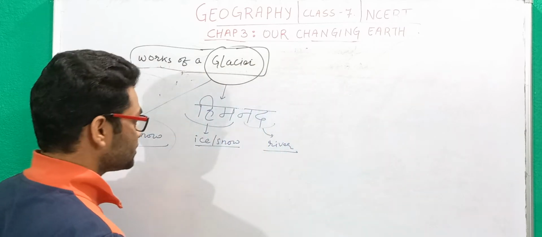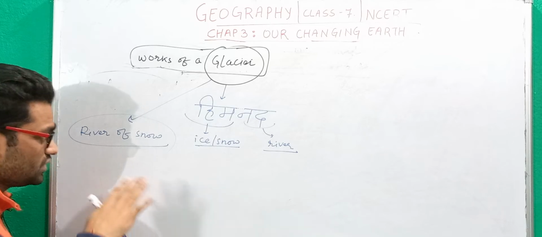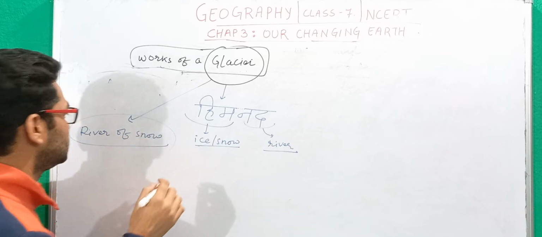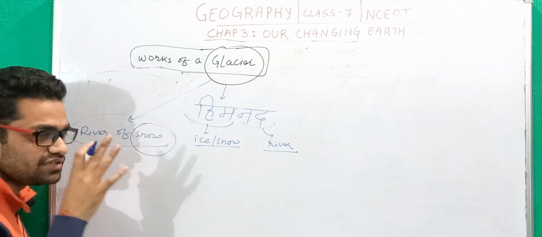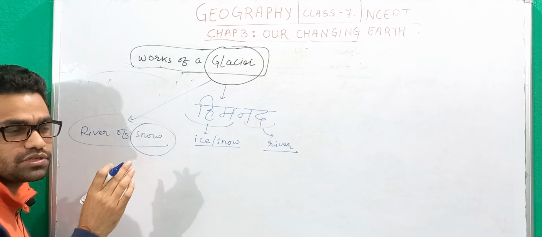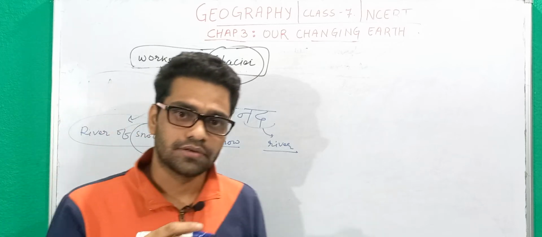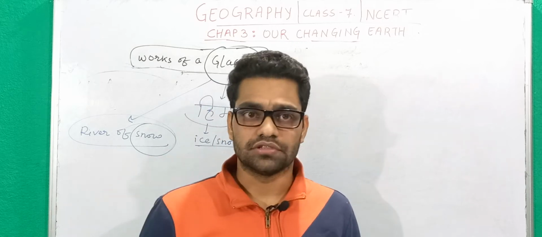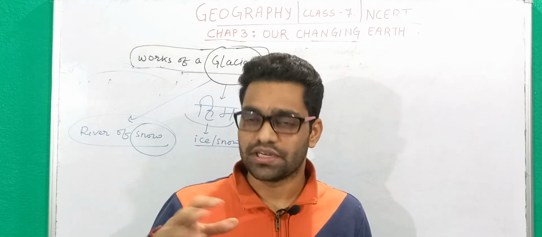These glaciers are basically rivers of snow. This flow of snow is not easily perceptible, you cannot observe it because it is very slow. When snow flows in the river, the flow is very slow, unlike water.